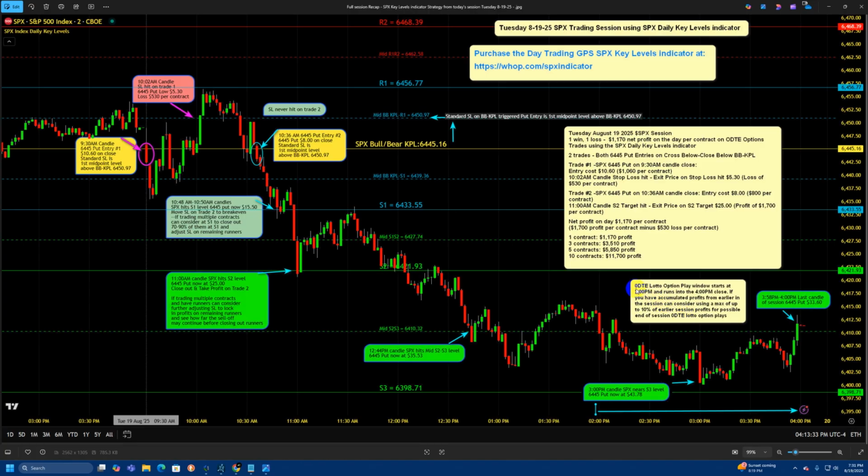Okay, so another thing just to point out here is that if in fact this was an opposite day, if this candle had closed above the bull bear key price level and we had instead started off with a bullish candle and a bullish close above the bull bear key price level from the get-go of the session, and we had taken a 64.45 call, then just to clarify, the stop loss for that would be the first mid-level below, because we're taking a long position.